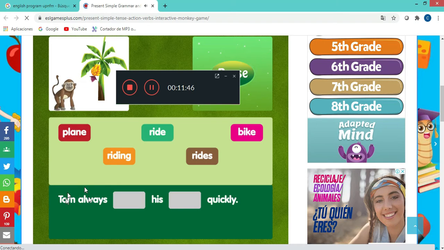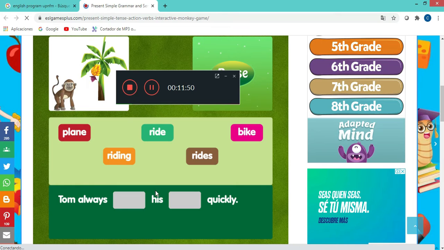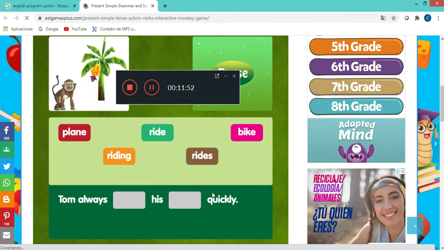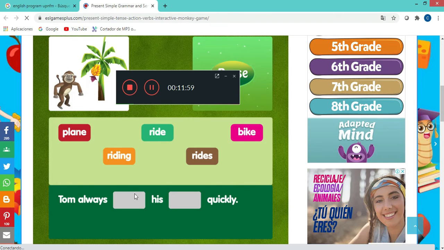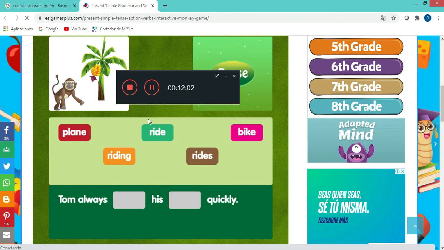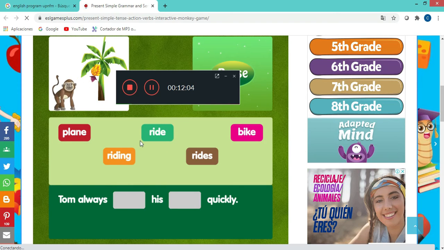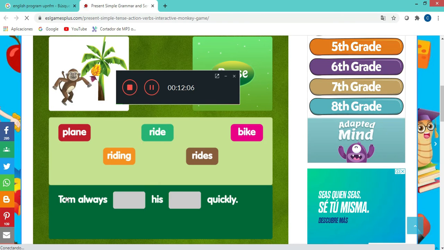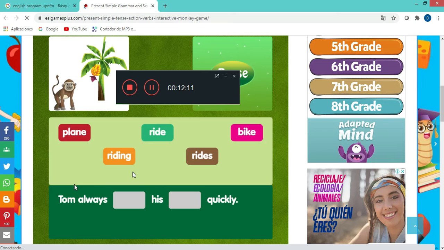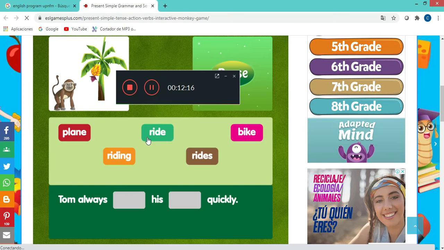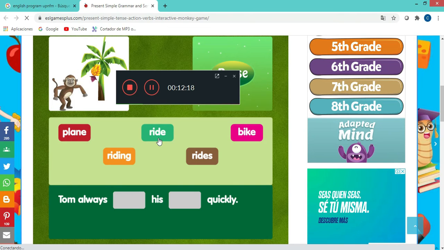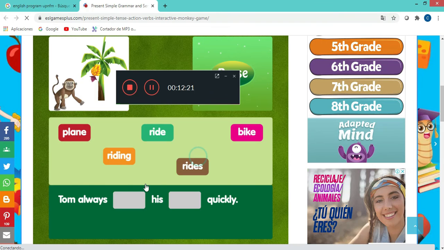Tom always his quickly. Tom always, siempre, Tom siempre. The action is, the base form is right, but it's only Tom. It's singular, it's only one, is he. So that means that we have to add S to the base form right, and it will be rights.